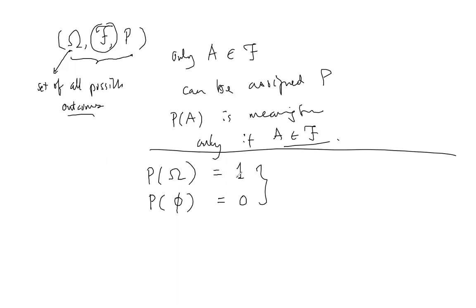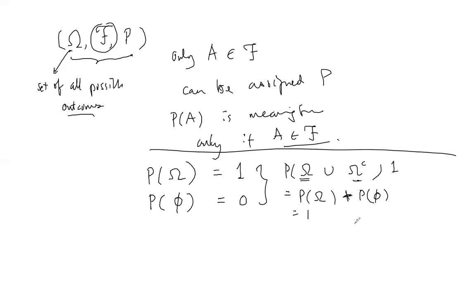Since these are disjoint sets, the measure of the union can be written as the sum of the individual measures. So if this is 1, then of course this is 1 as well.